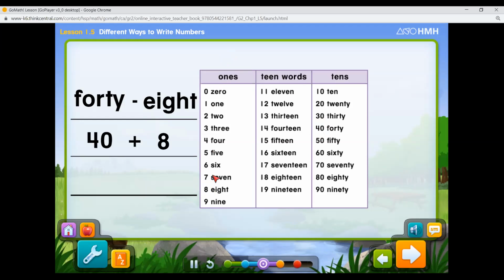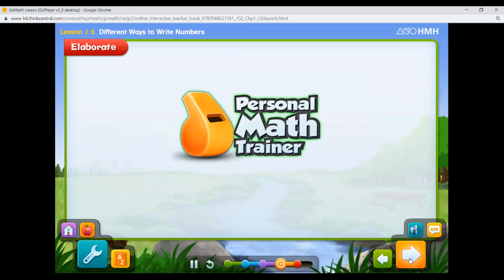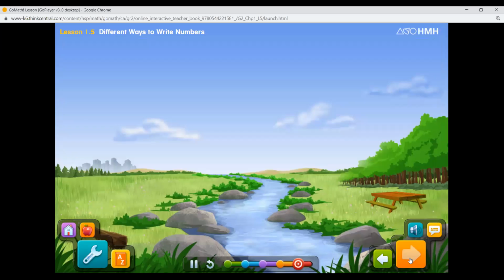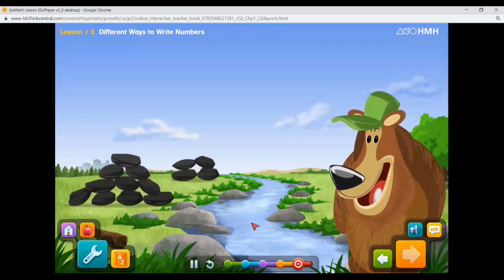This is 40 plus 8. The number is 48. Now try your homework. Thanks for helping me find the number of rocks. See you soon.